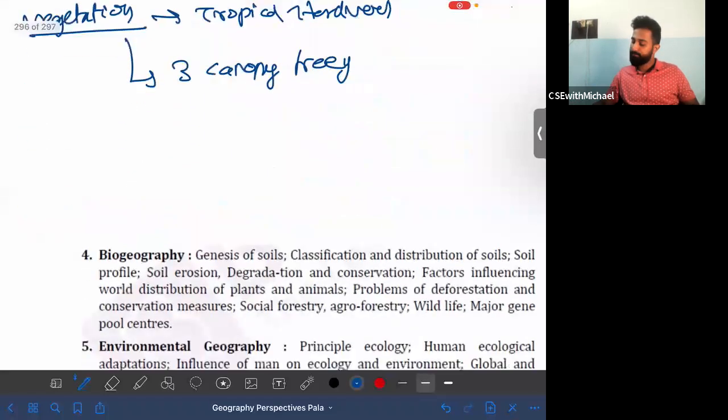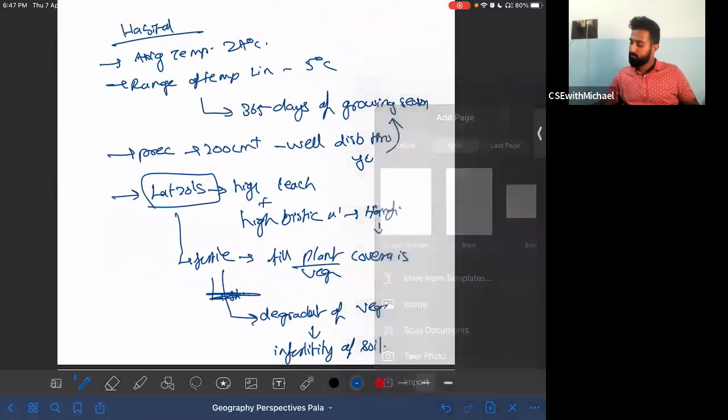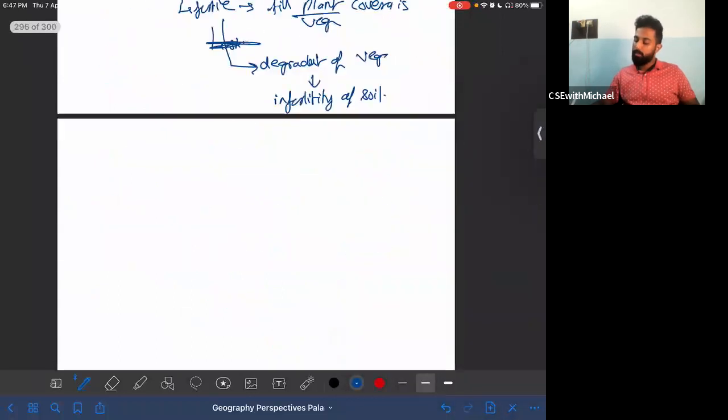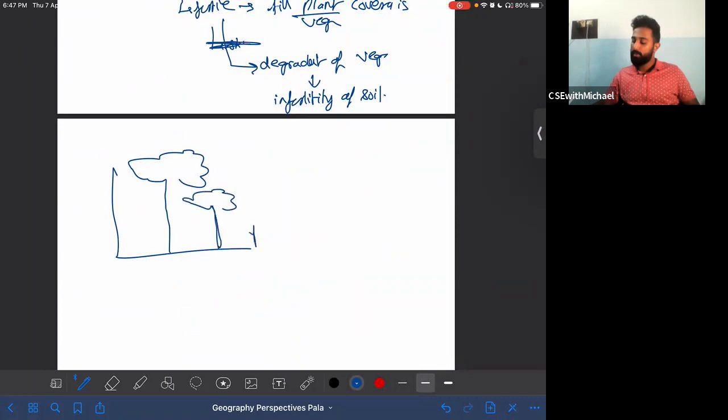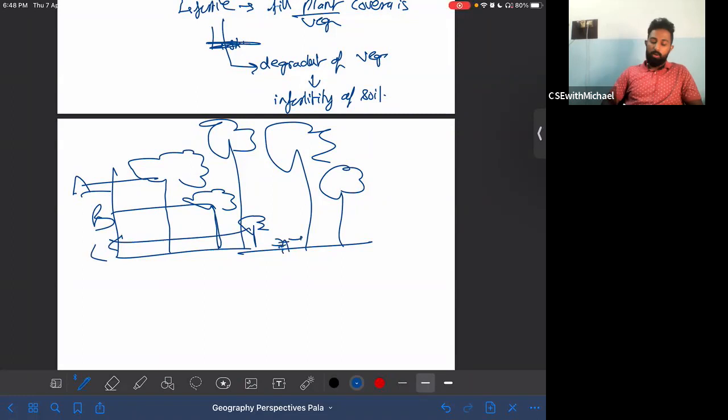If you look at the region, there would be a first layer of trees, then a second layer of trees growing beneath it, and also a third layer. So you can see the A level, the B level, and the C level. And there would be some shrubs on the ground. This is how vegetation is found in this region.